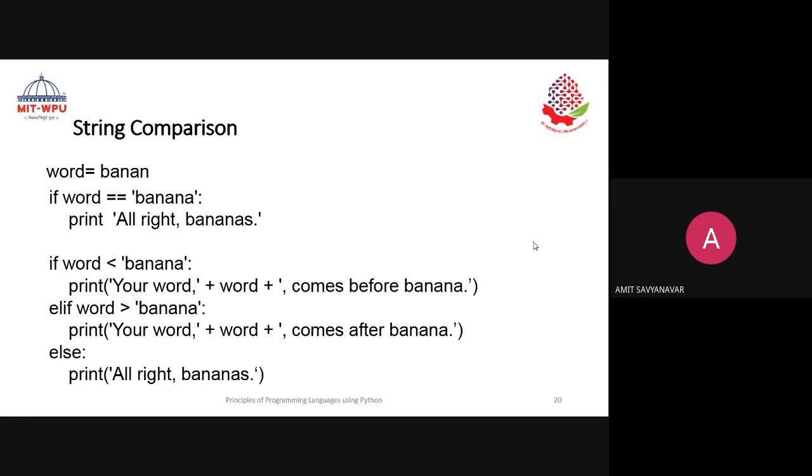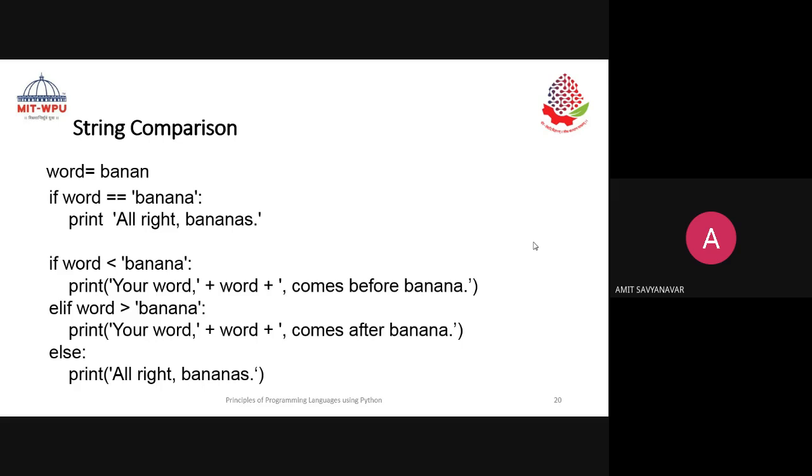Like you have ASCII values for each character, likewise there is a Unicode value for each character. So if the word includes a string which has a Unicode less than the one on the right hand side, then this condition would be true, and it would execute the less than part. Otherwise it would execute the elif or else part.